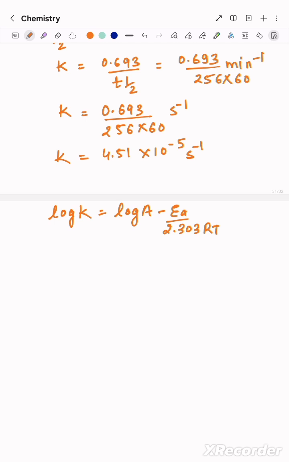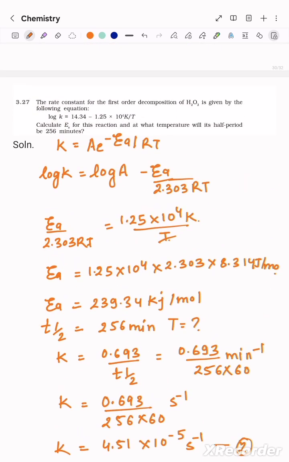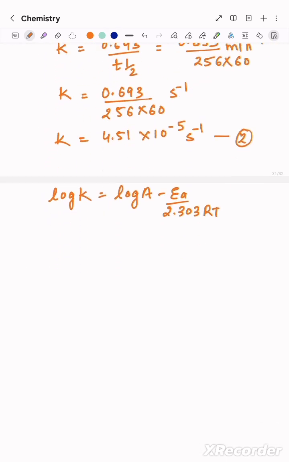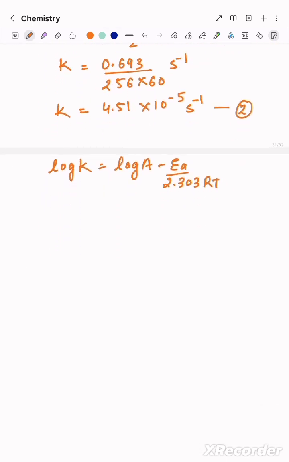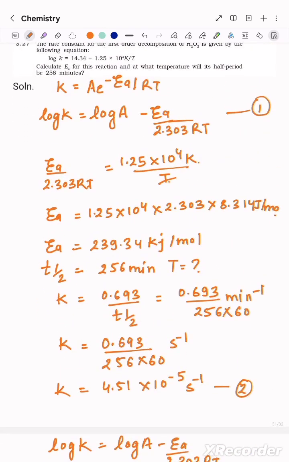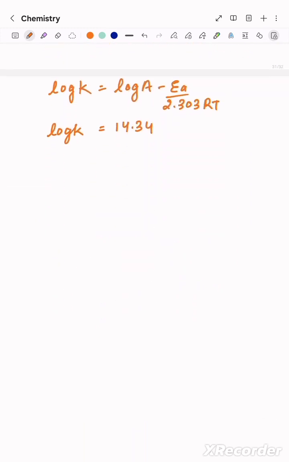Now here k value is 4.51 × 10^-5, so we put this value in equation 1, we get log k is equal to 14.34, here A value is given 14.34, minus 1.25 multiplied by 10 to the power 4 upon T per Kelvin.